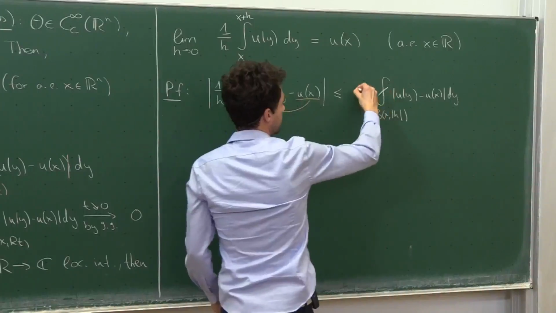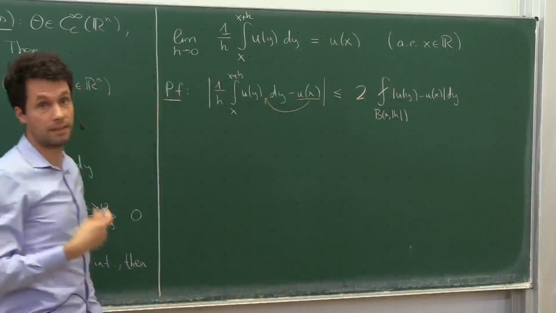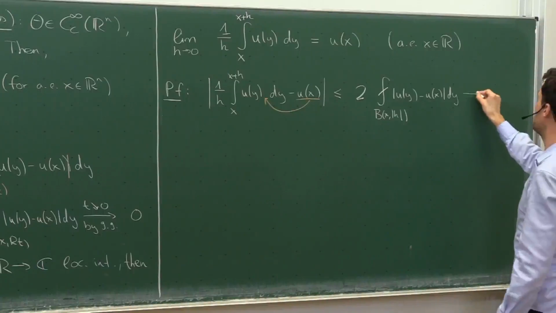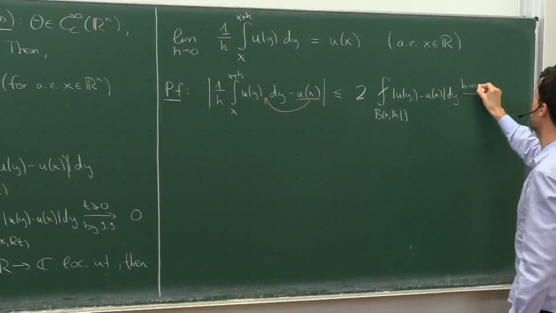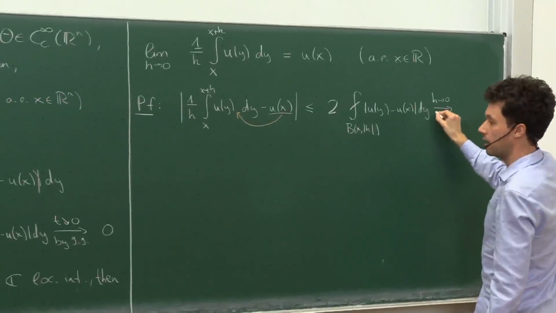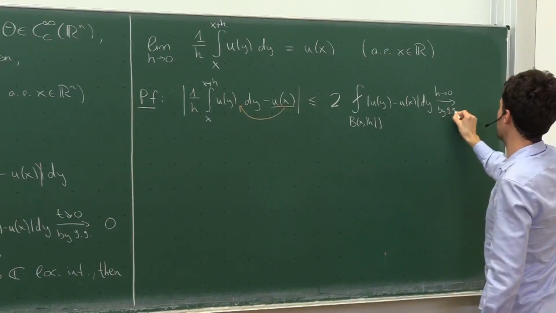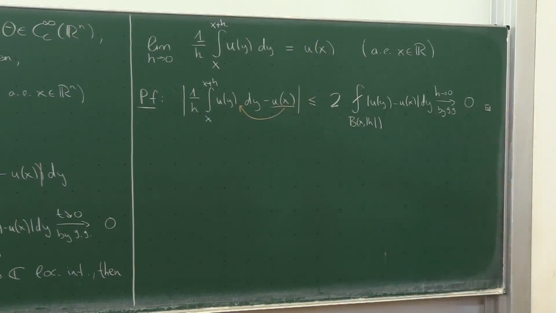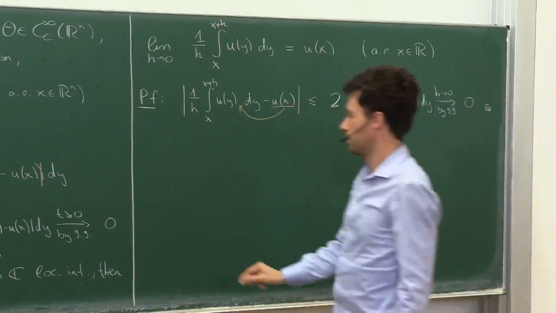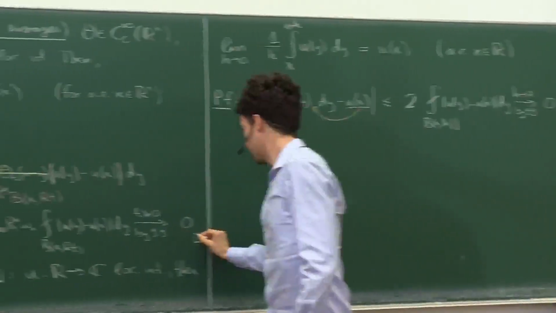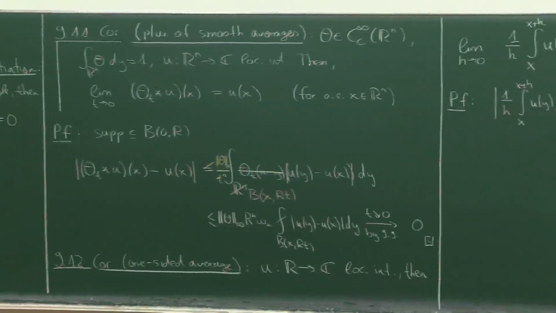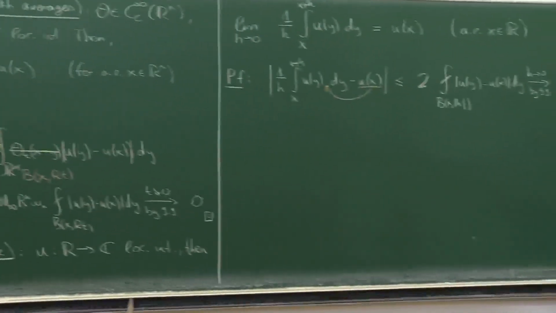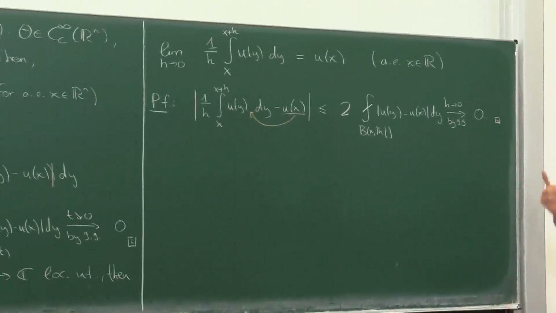So make it an average and multiply by 2, then all is fine again. And then you see you're back in the situation of Lebesgue differentiation. So as h goes to 0, again by Lebesgue differentiation, that thing goes to 0. And so you have the proof. In case you were still lost in this proof because I didn't finish it, put the square here. Okay, so it's just as easy as that.